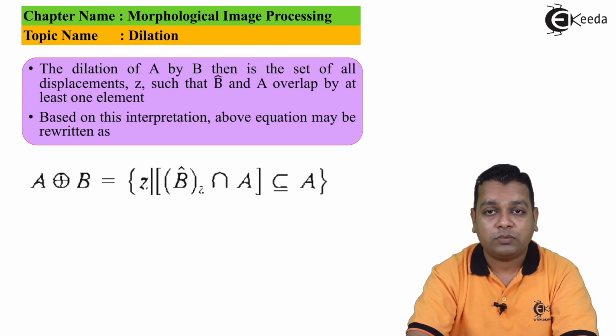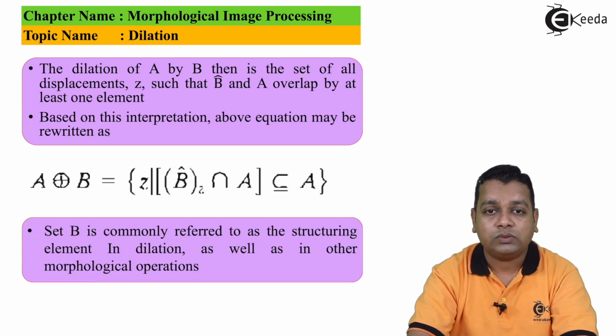Based on this interpretation, the above equation that we have shown onto the last slide may be rewritten as, here we have A dilation with capital B, here we have the Z element, and the definition we can represent for the reflection of the B intersection with the A. So the complete square bracket is a subset of the set capital A here.